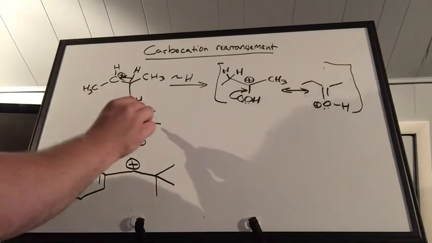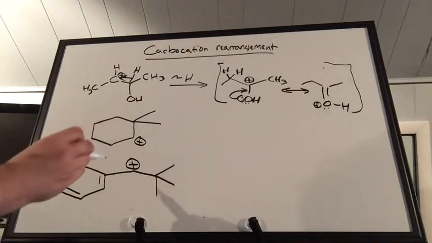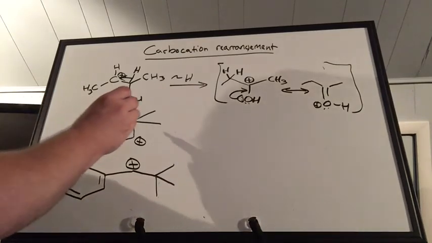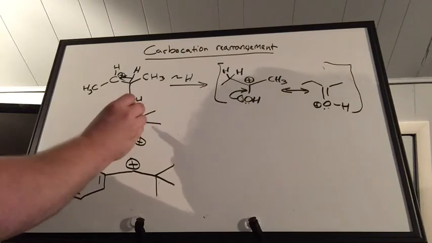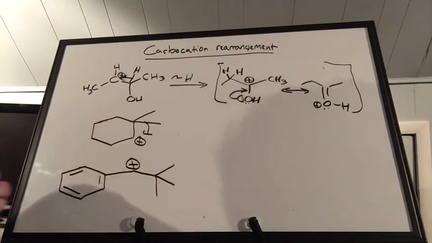This isn't normal. Now we have another secondary carbocation, but notice how we have a quaternary carbon right next to it. So in other words, that carbon is fully substituted without any hydrogens. This just has 1 hydrogen. Remember, this is going to be sp2 in hybridization. Now this is going to be a little bit different of a scenario, because this is going to be a methyl shift.